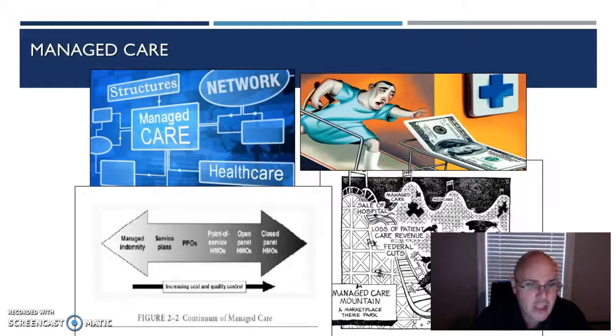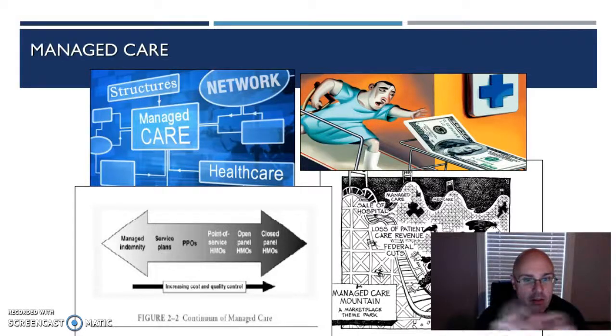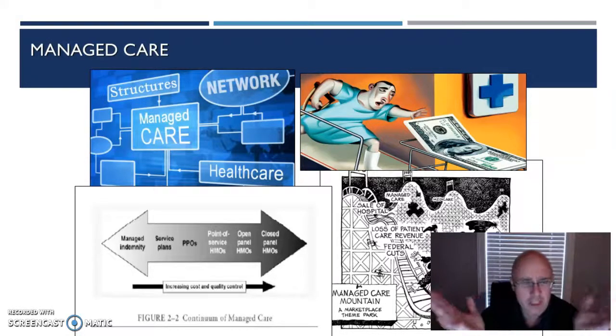And then we get to managed care, which is a concept that y'all are probably pretty familiar with. Managed care has changed since the 90s, when it really came into favor in the United States healthcare system. Now we've migrated to ACOs, but managed care is still firmly entrenched in our healthcare system.